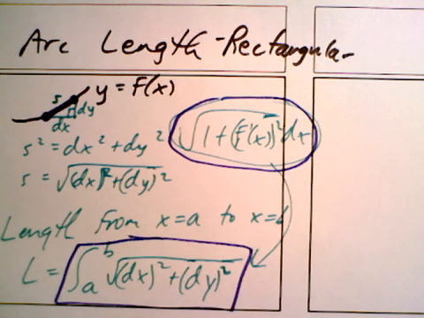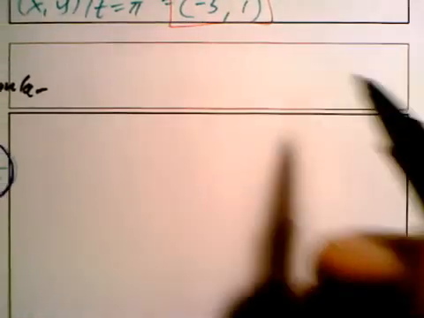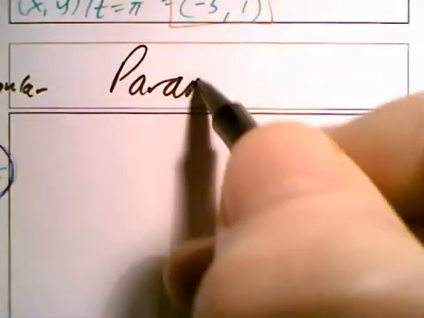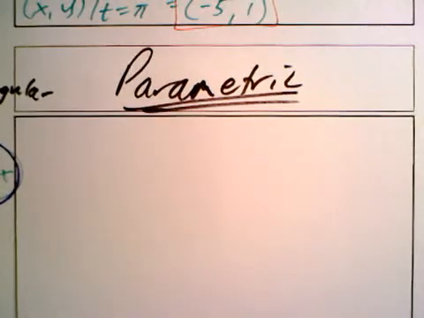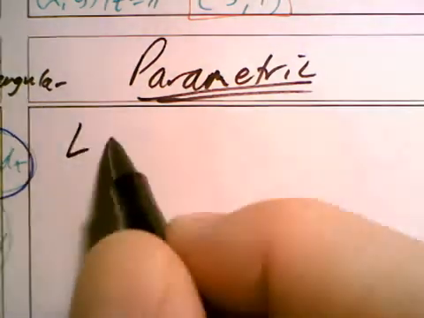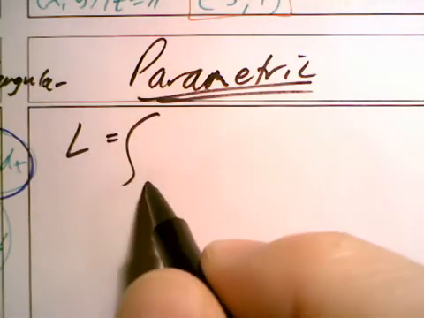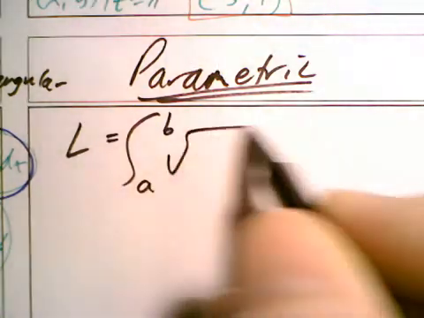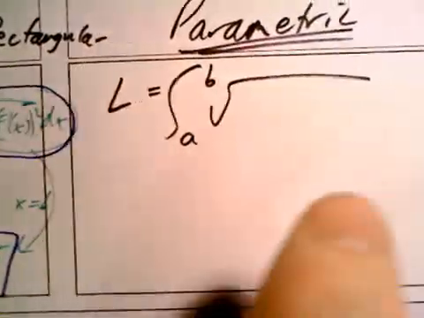And we can use this to relate to parametric. So parametric arc length, and I want you to watch this because it's going to be a lot different. The arc length in parametric is the integral from a to b of the square root. Now again, it looks a lot different than it did over here because I drew it in black.